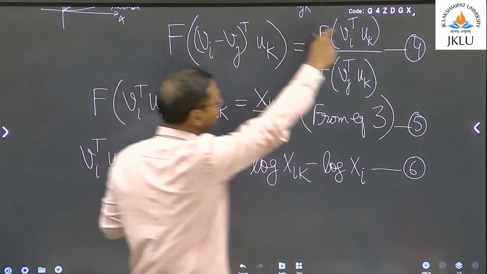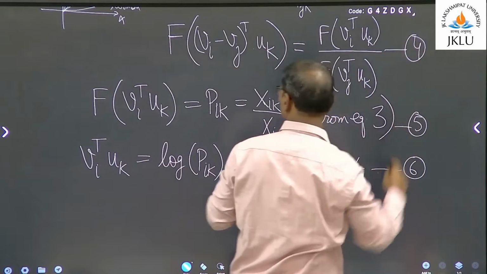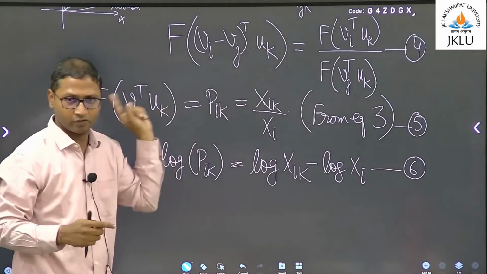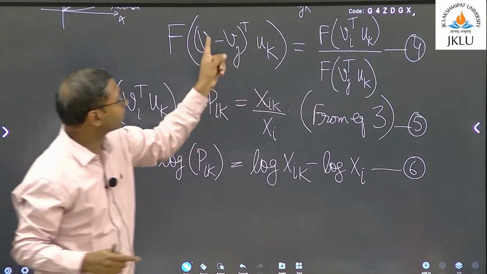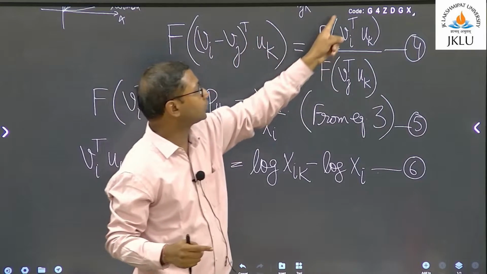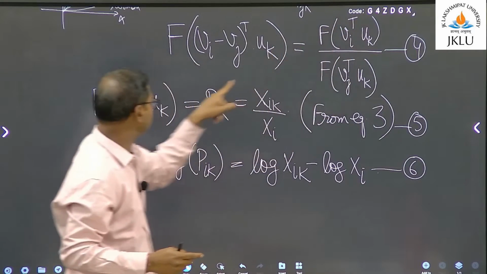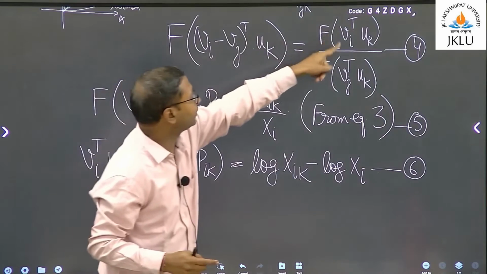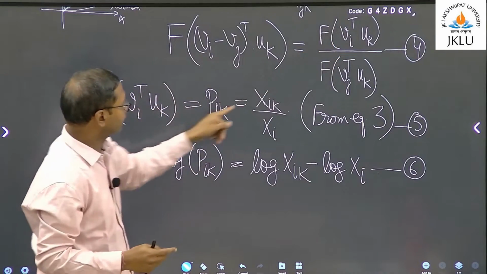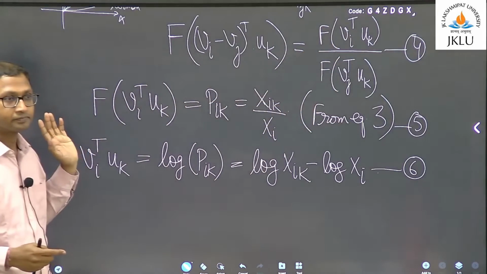Then by equating equation number 3 and 4, we are saying this comes from, and this is straightforward, right? This is straightforward, because what was this thing? This was equal to Pik divided by Pjk. All we are saying is Pik is this guy, and F v_i transpose is this guy, which is equal. So, this is straightforward.